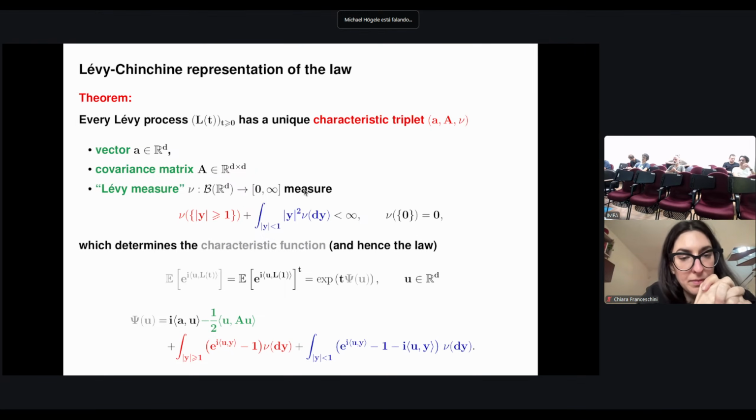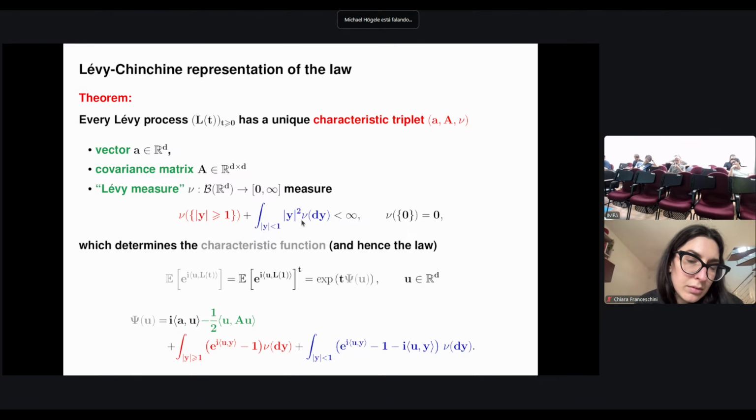This means we have an integrability condition, which just gives us y squared dy integrated is finite. So this y squared is small. It tends to 0 for values which are smaller and smaller. This means we can allow for even a pole close to 0, and this is something which happens quite a lot. This means there is no finite measure to represent the intensity, the frequency of the small jumps.